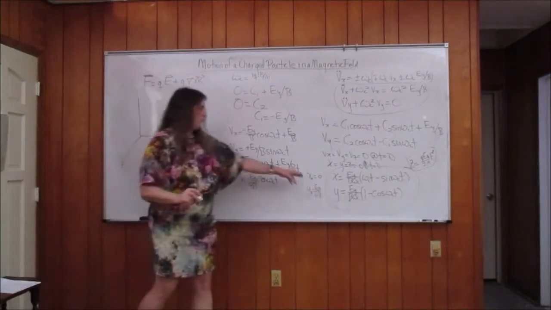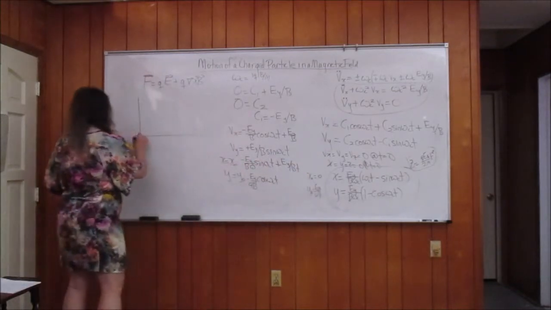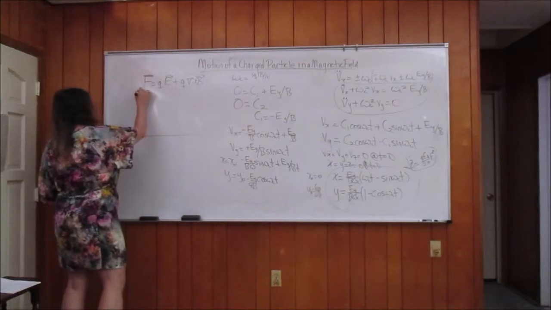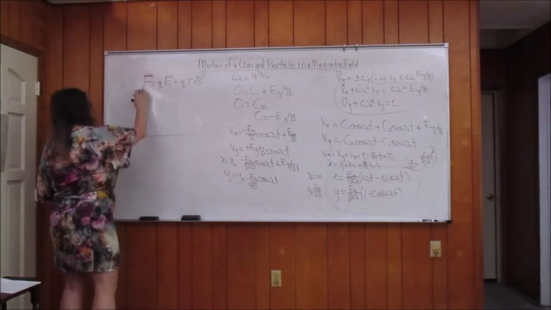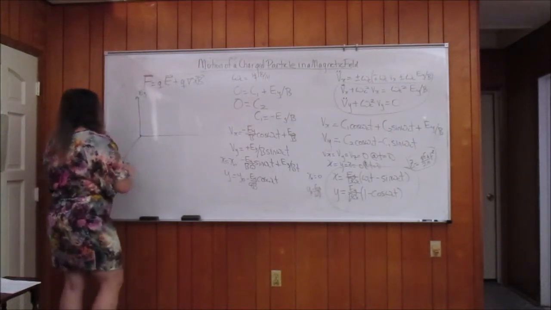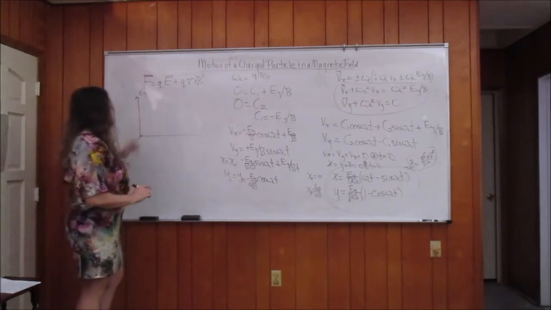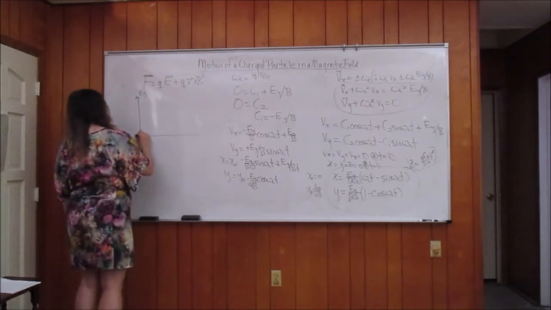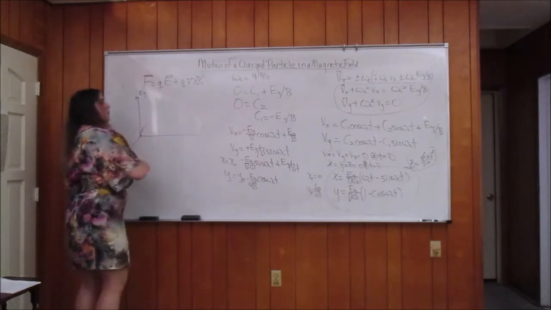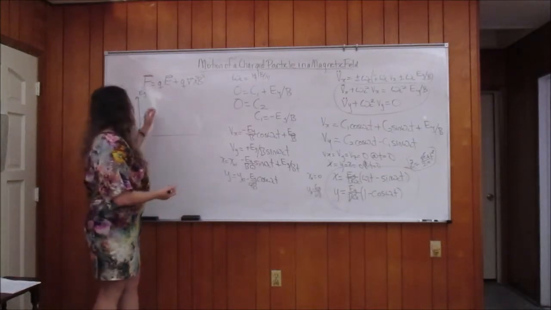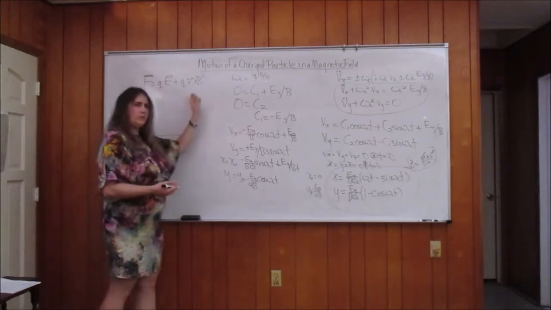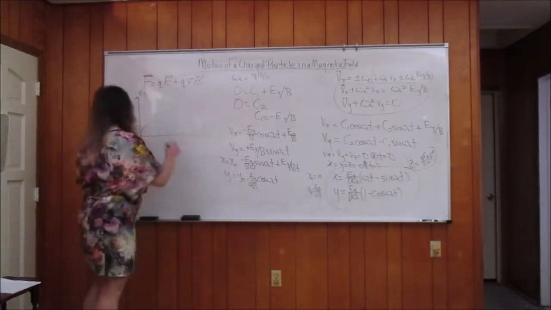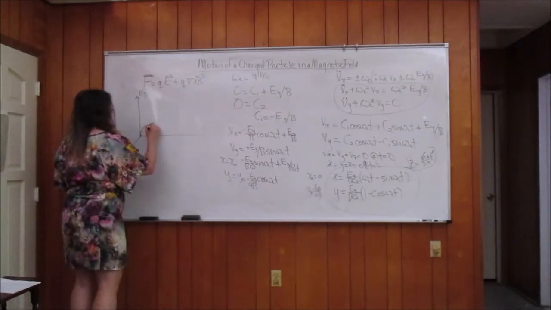What you'll see is the particle starts from rest at the origin. There's a component of the electric field upwards, so the particle will accelerate. But as it starts to accelerate, it gains velocity, and the magnetic field will cause it to turn. So we'll see motion like this.